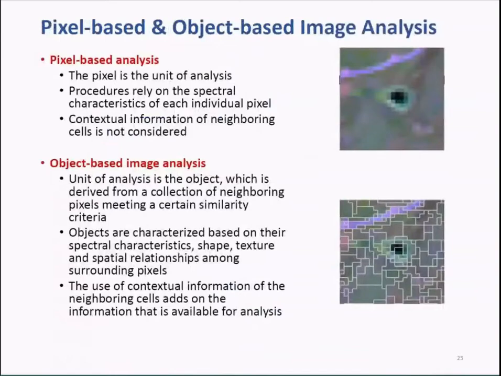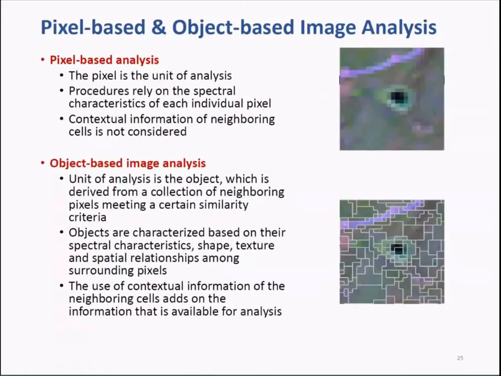In order to carry out image analysis, there are two methods. We talked about an image, and we've talked about the smallest unit, which is the picture element, or the pixel. We can decide to carry out analysis at that picture element, so that for each pixel, we want to understand the object in that pixel.